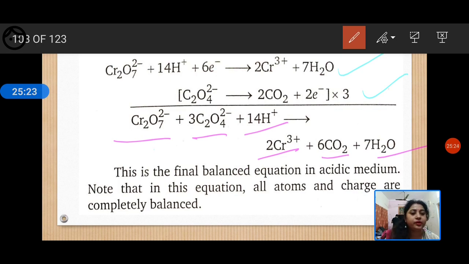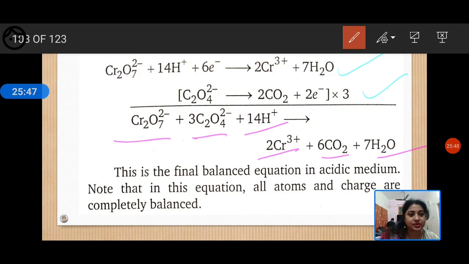Every atom is balanced. This is the final balanced equation in acidic medium. In acidic medium, wherever the oxygen was, to balance that oxygen we have added the water molecule. Note that in this equation all atoms and charge are completely balanced.